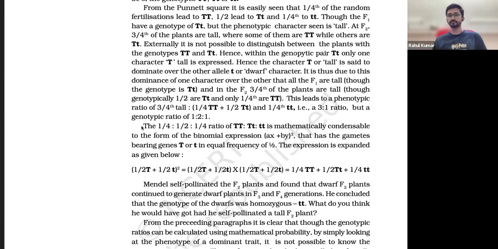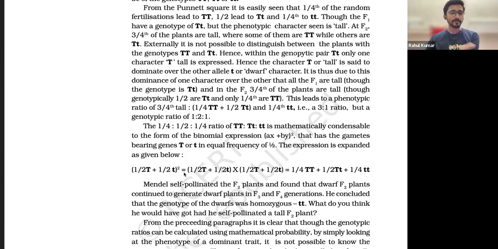That was the gametes bearing genes tall T or dwarf t in equal frequency of half. The expression is expanded as given below. (Half T + half t) whole squared is equal to half T plus half small t times half... So basically what they are saying, okay, just don't read half t or that.